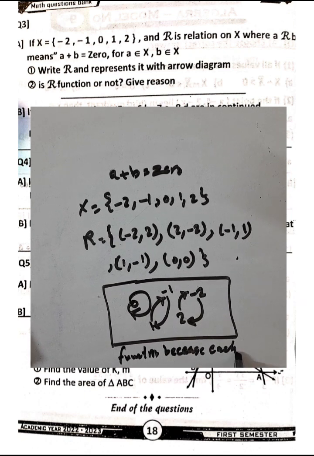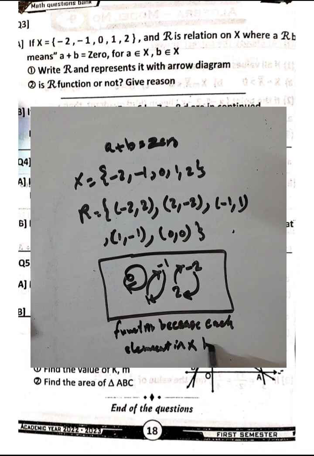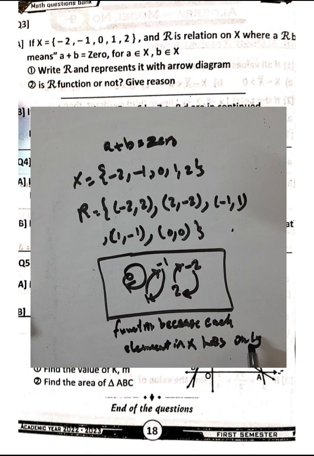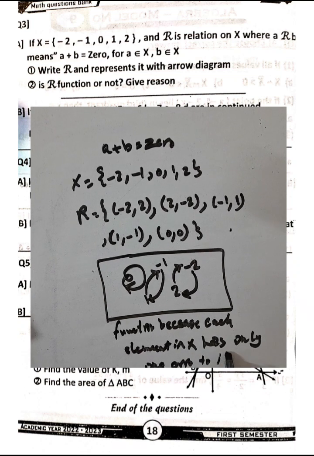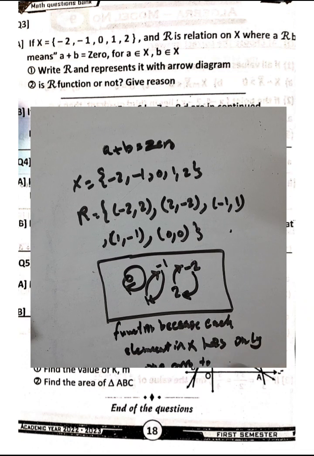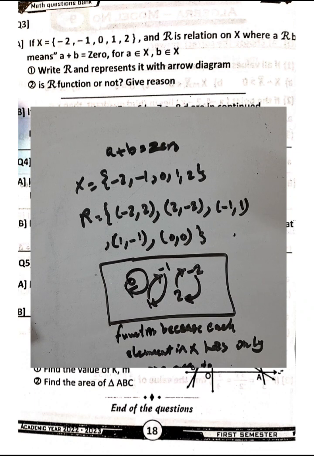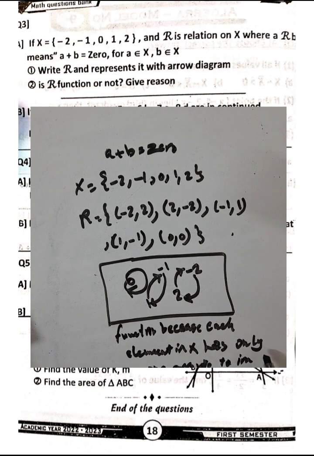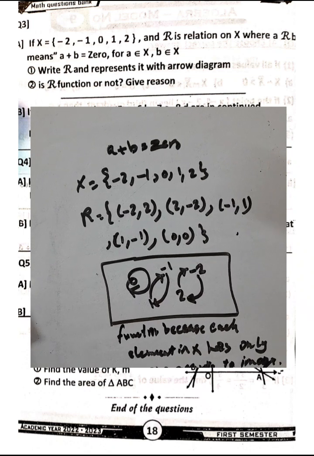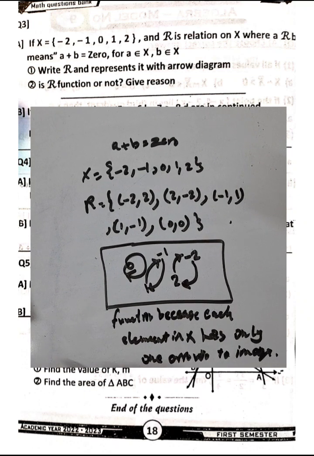Each element in x has only one arrow, to itself or to another, only one arrow to the image. Okay, function because each element in x has only one arrow to the image.